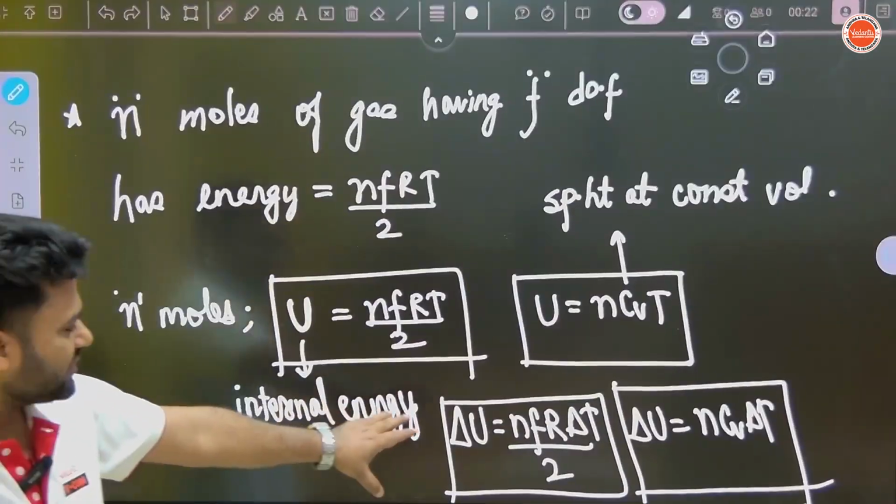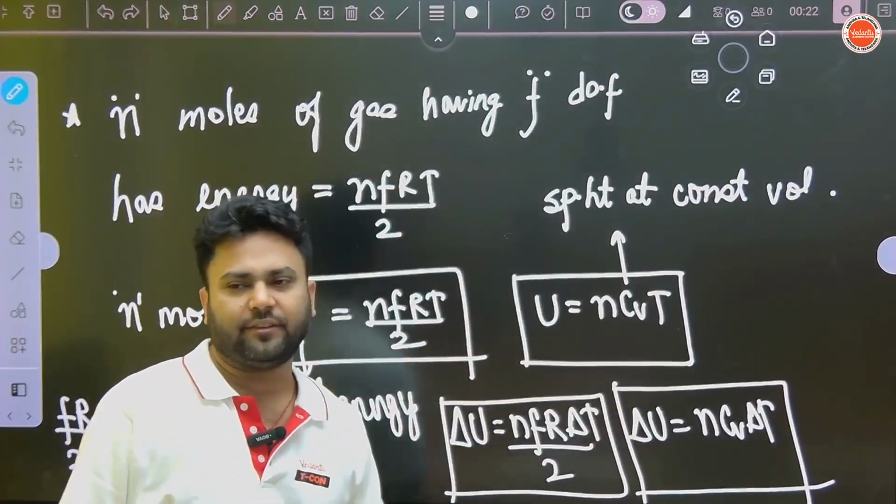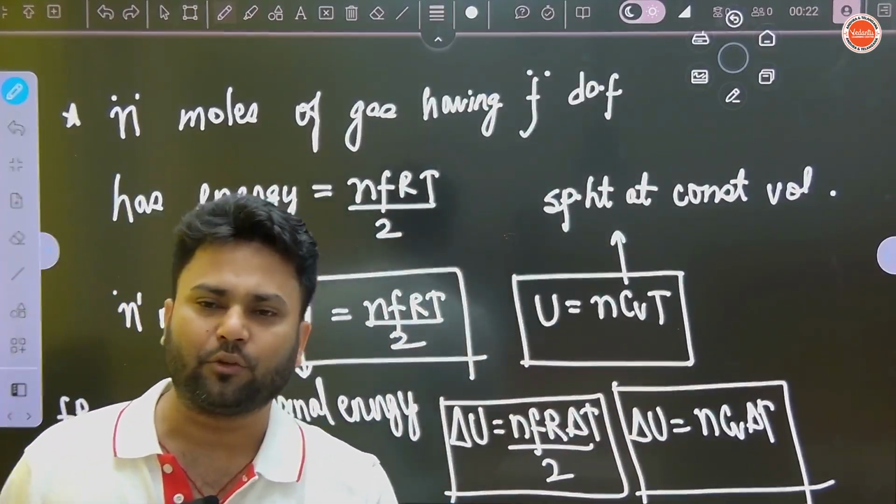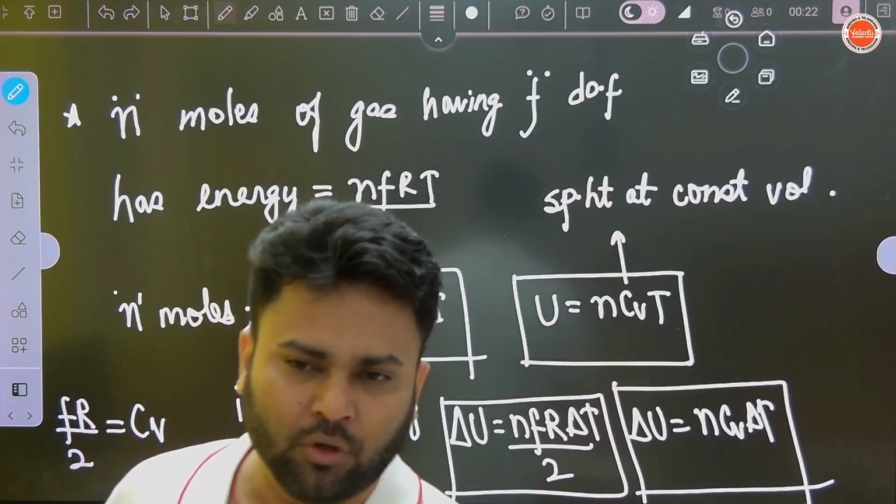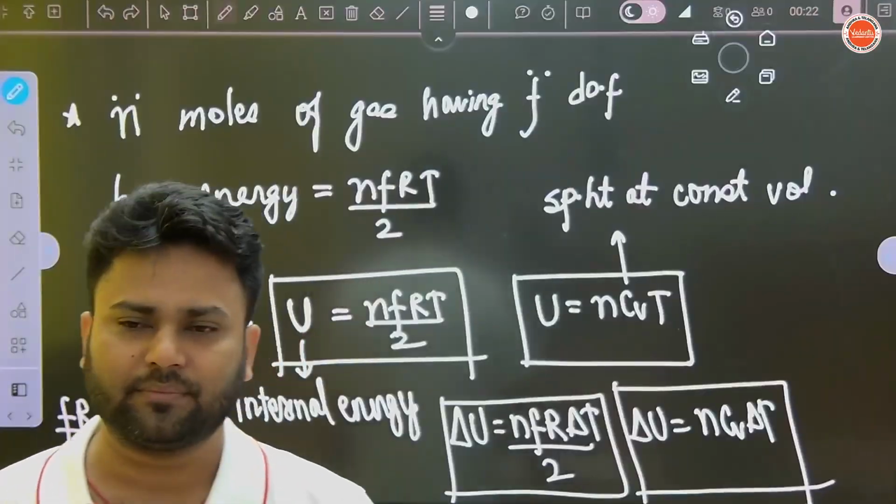So these formulas are very important. Always remember the delta U formula: n f R delta T by 2, n Cv delta T. Correct?